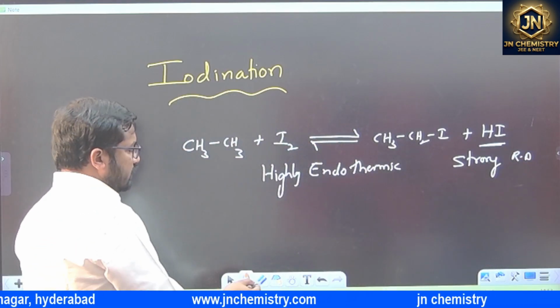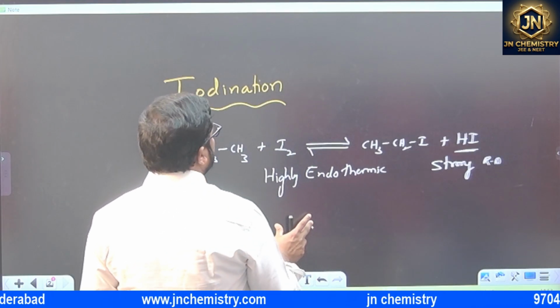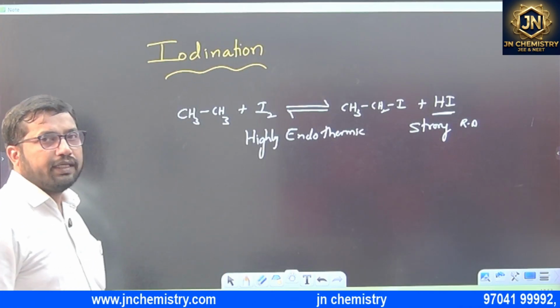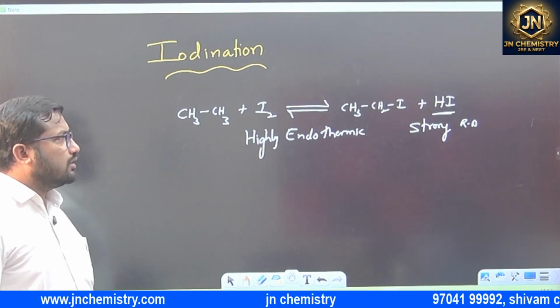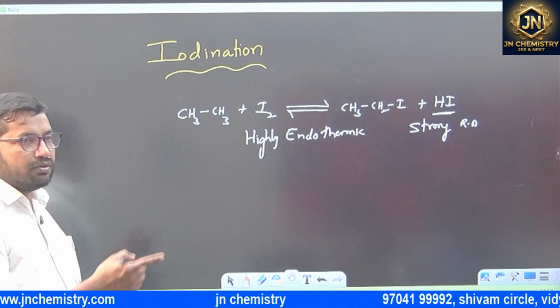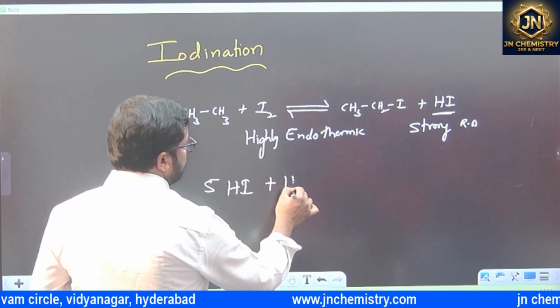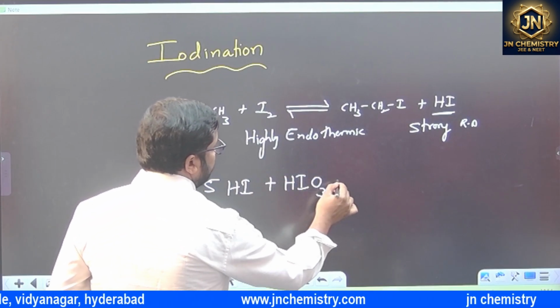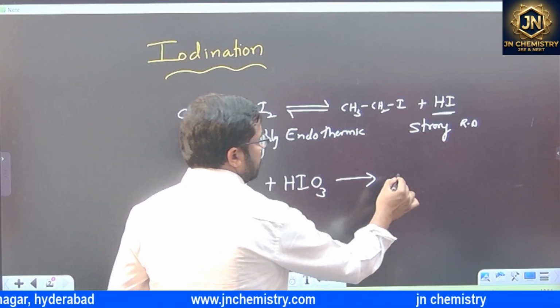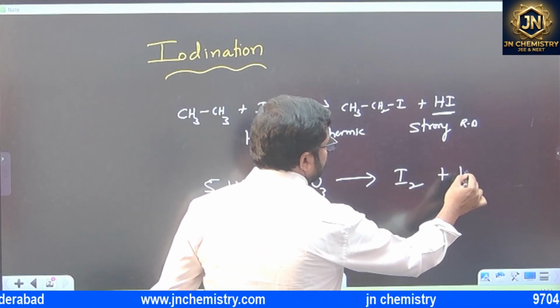So actually this reaction generally won't take place, but we can do it in the presence of oxidizing agents. The oxidizing agents oxidize the HI. So HIO3 can be used, giving I2 plus H2O.